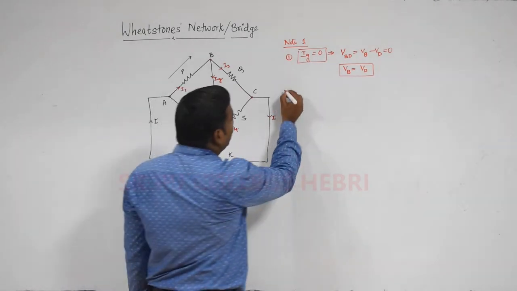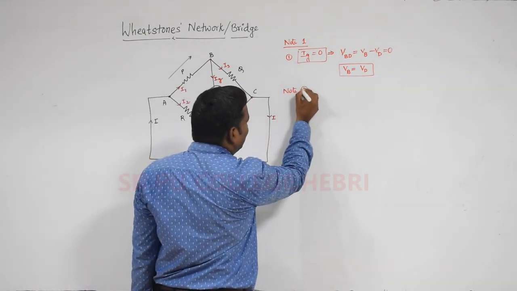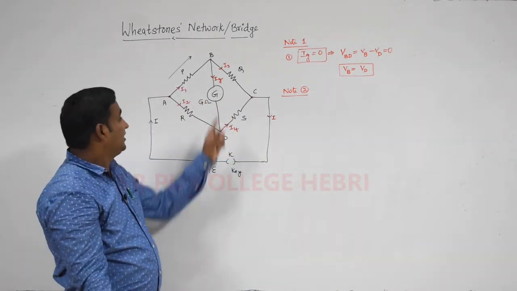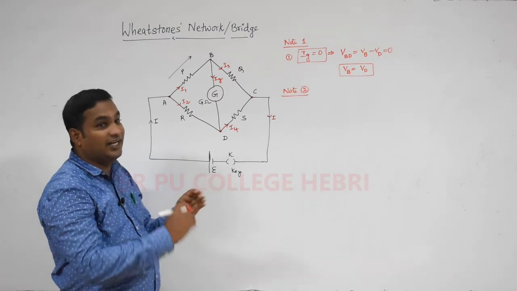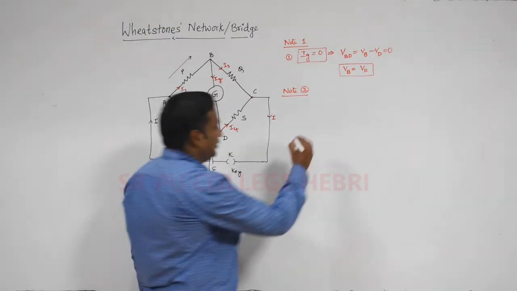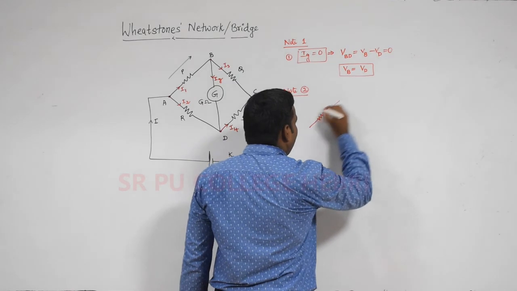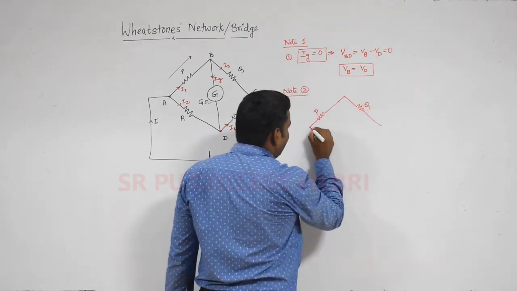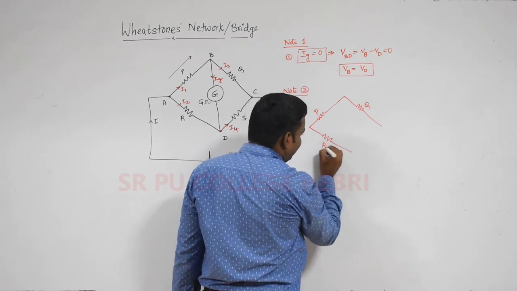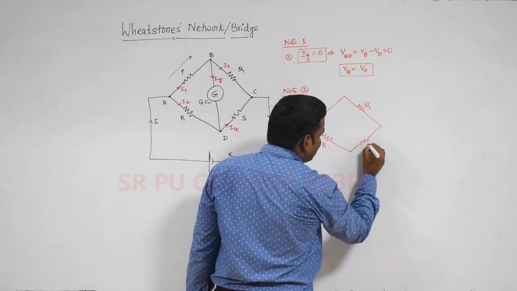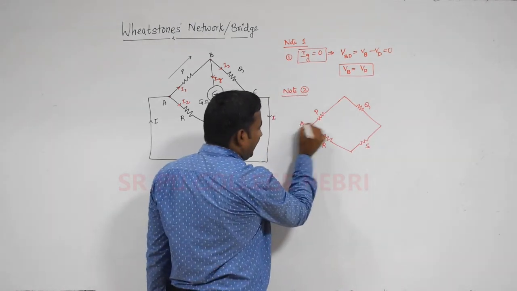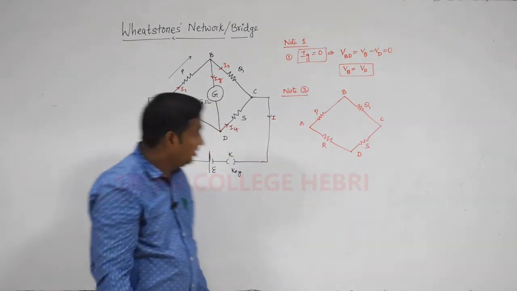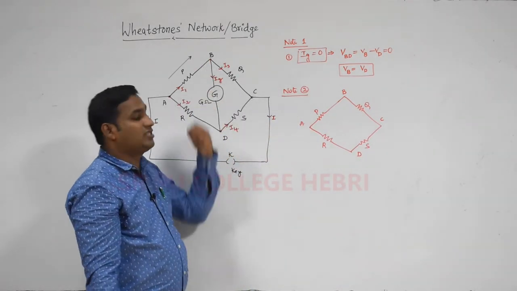And again, note 2 related to this. If the galvanometer and cell are interchanged, it should be like this. Here resistor P, here resistor Q, here resistor R, here resistor S. It is point A, point B, point C, point D. Between B and D, what was there?